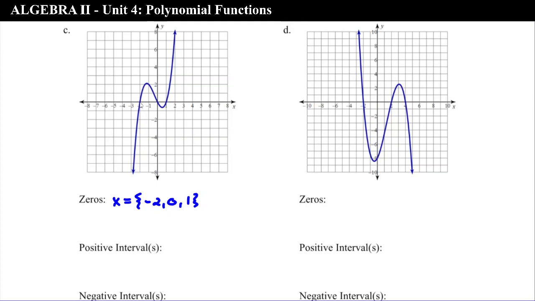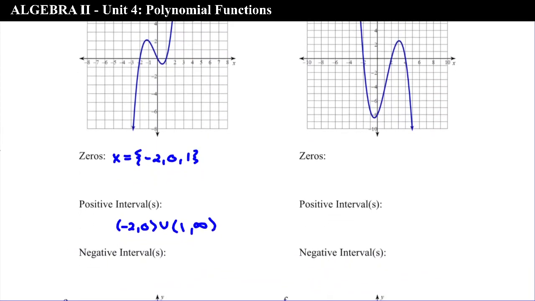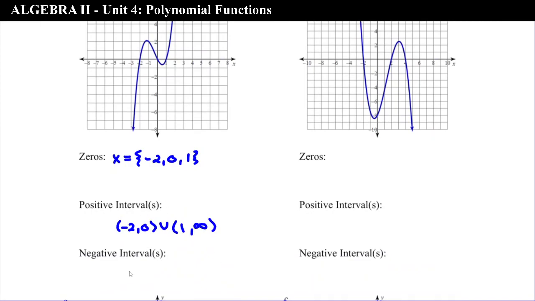So our positive intervals go from -2 to 0, union with 1 to infinity. That's where we're above the x-axis. That's where y is positive. Our negative intervals are basically where we are not positive. So -infinity to -2, union with 0 to 1.